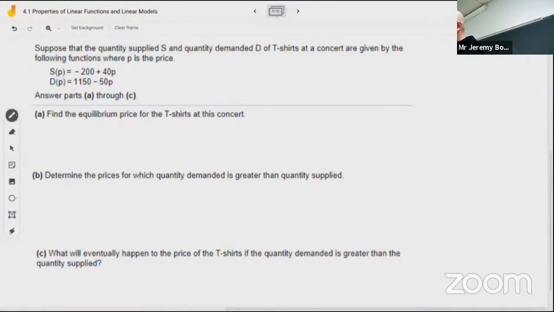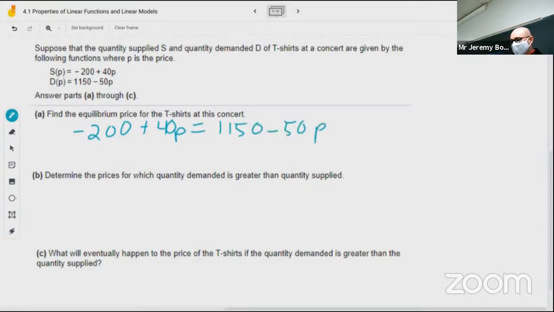So we're trying to find the equilibrium price. That means we're going to set them equal to each other. Where are they equal? So we're going to say, well, -200 plus 40p equals 1150 minus 50p. Let's add the 50p to both sides.